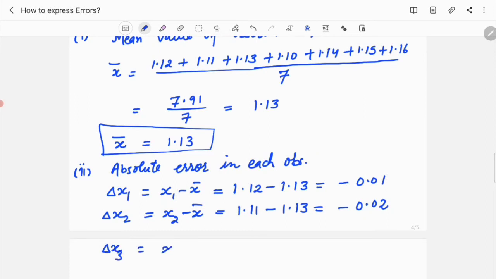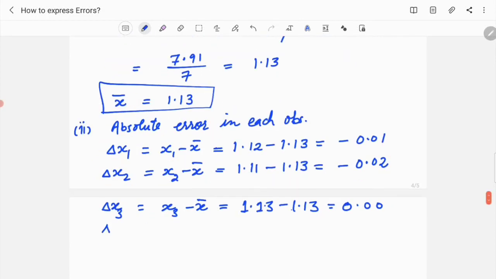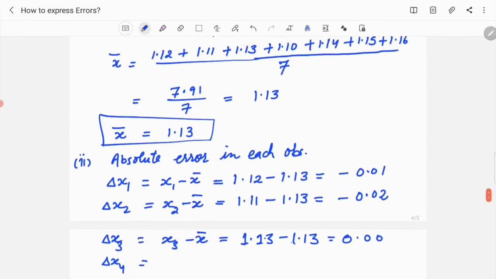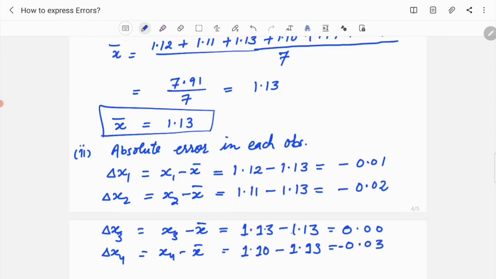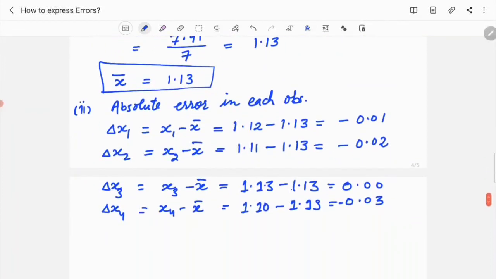Delta x3, x3 minus x bar, it is 1.13 minus 1.13 and it is 0.00. Delta x4, it is 1.10 minus 1.13, minus 0.03.